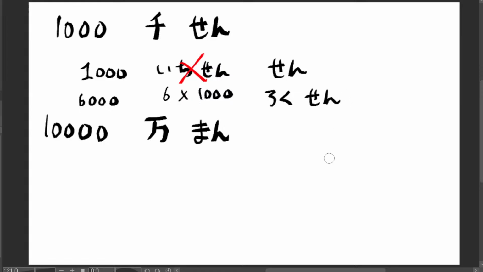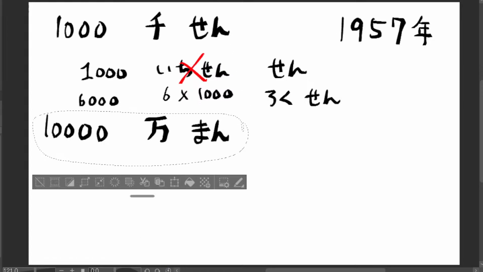So if I'm going to say 1957, this is the year Malaysia got its independence. So 1957, how do you say it in Japanese? Say it first.